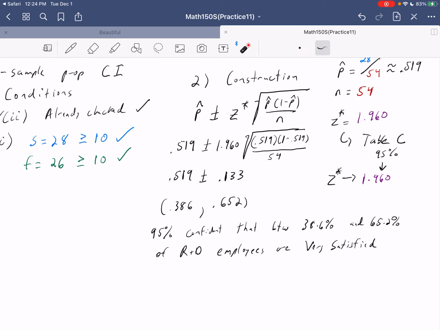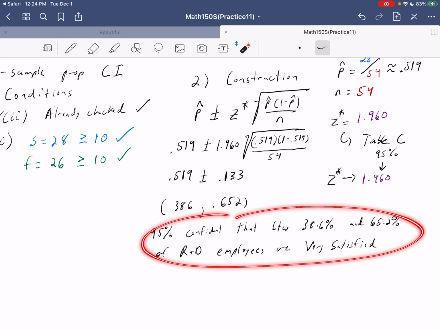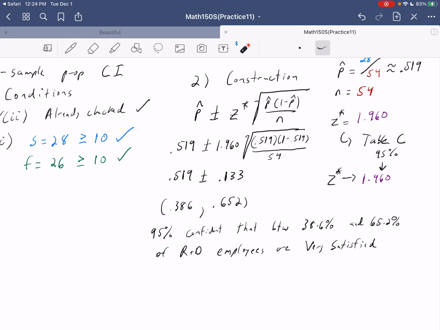In other words, we're 95% confident that somewhere between about 38.6% and 65.2% of the research and development employees are very satisfied. This doesn't necessarily apply to other types of employees, but this would be our interval for this one particular department.